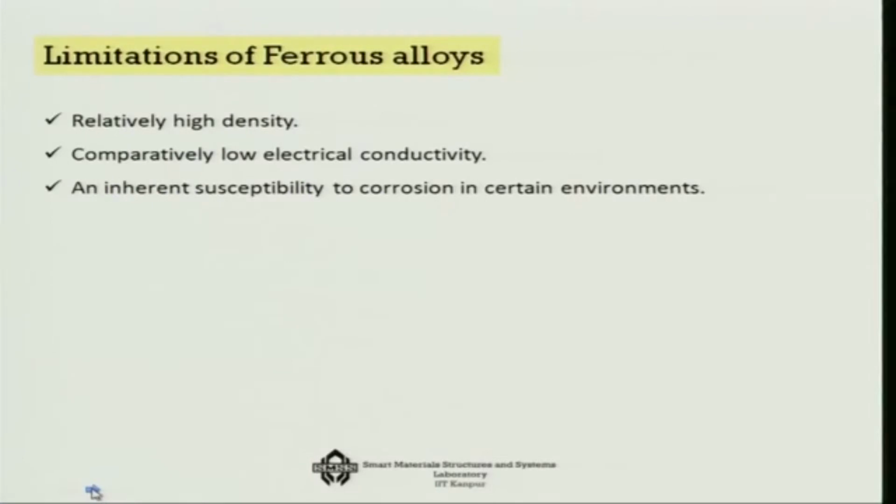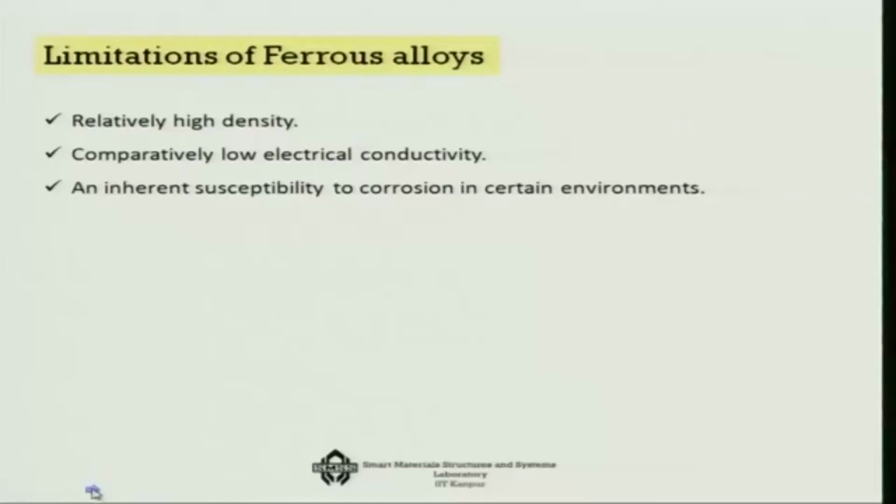Now, what are the limitations of ferrous alloys? Ferrous alloys, no doubt, are very extensively used, but for transport applications and white goods, they are not good. Why? Because they have relatively high density. You can feel that they are very heavy. They also have low electrical conductivity, and an inherent susceptibility to corrosion under certain environments, let us say under saline water.